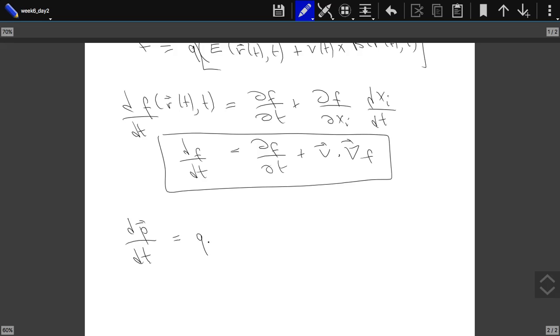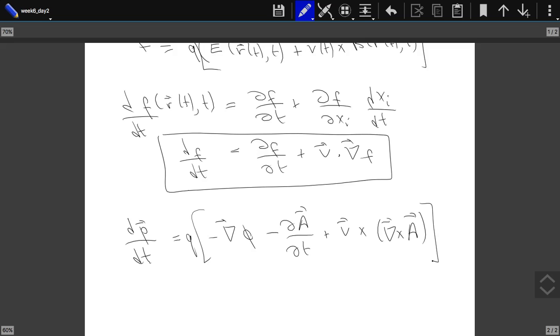This is equal to Q times, well, E is minus the gradient of phi minus del A by del t, plus v cross the curl of A. Let me try to get rid of these double cross products.